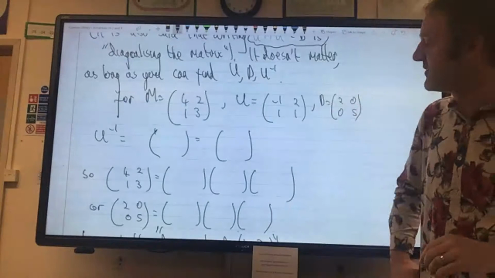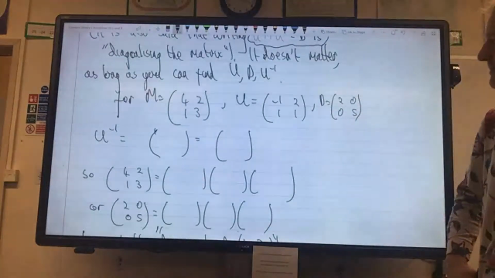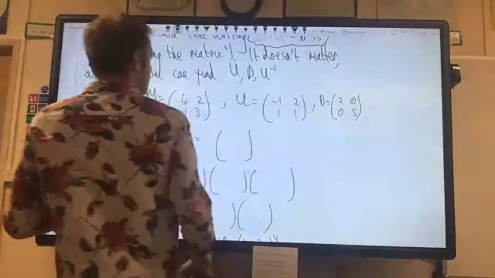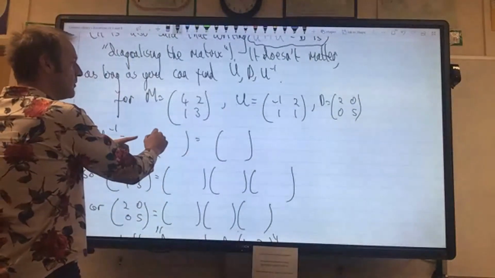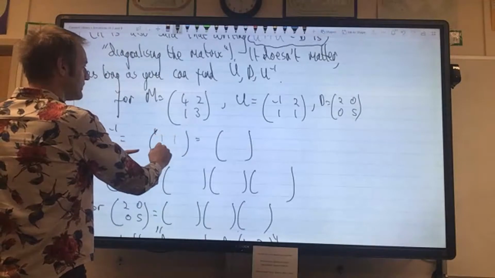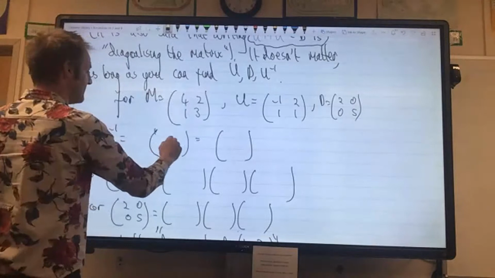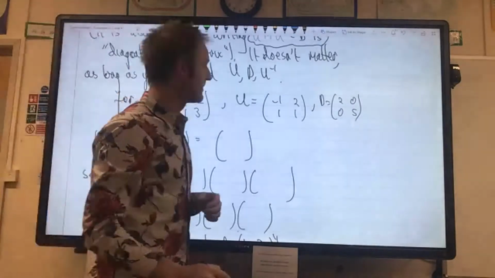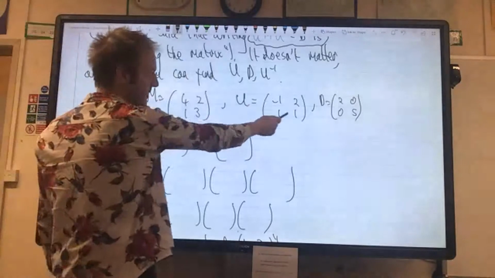Ella, can you do the inverse of the 2 by 2? Is it 1, 1, 2, minus 1? No, it's not. We do one over the determinant. Right, first of all, good, you find the determinant.